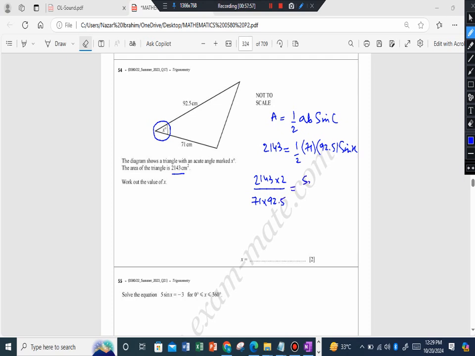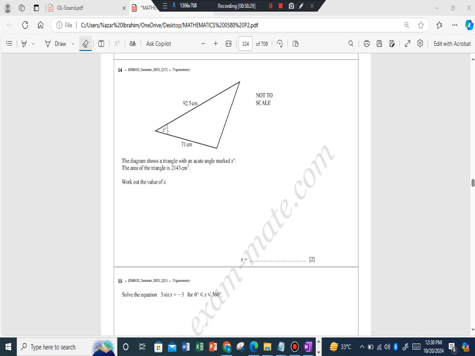Simplifying all this with the calculator, 2143 multiplied by 2 upon 71 multiplied by 92.5, that is 0.653. Sine x is equal to 0.653. Let's take sine inverse of the answer, 40.76. Right, the angle is 40.76 degrees. Clear? Let's move further.